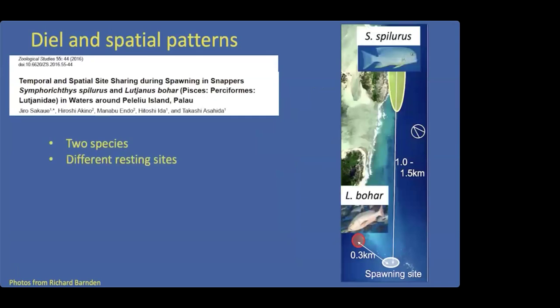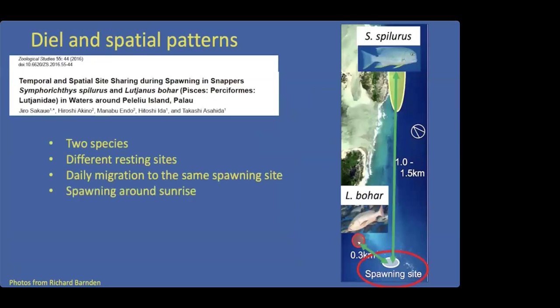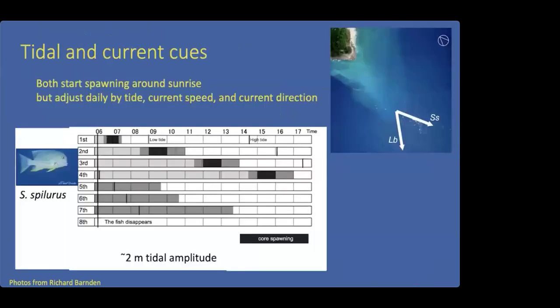Again, 2 species using 2 different resting sites, but migrating daily to the same spawning site. Spawning begins around sunrise in their peak spawning time, but interestingly, each species varies their spawning time according to tide, current speed, and current direction.